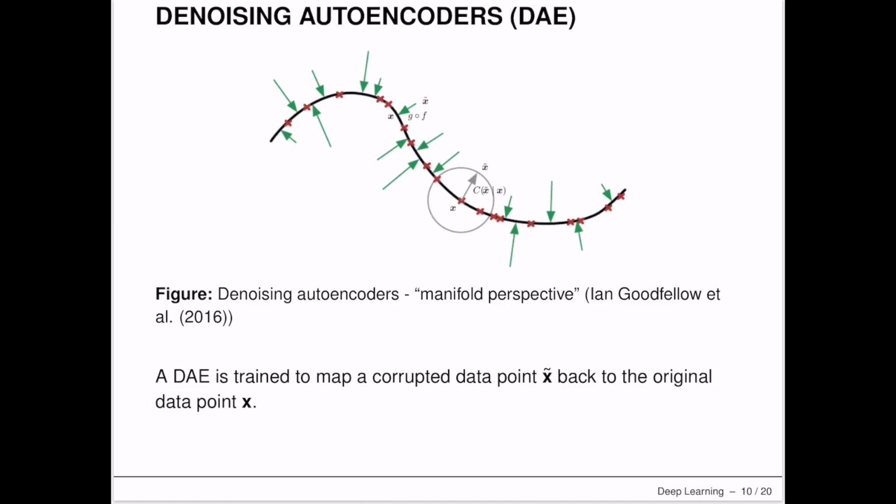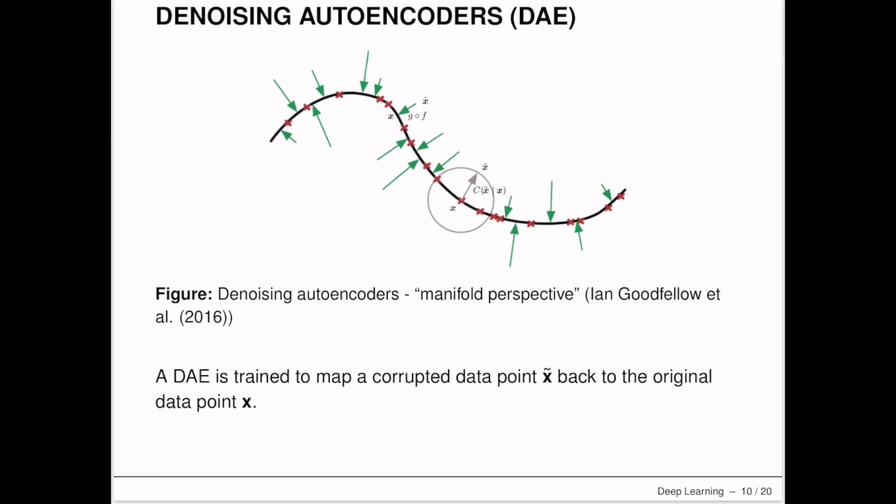And now the corruption process is shown by this gray circle. This is Gaussian noise with mean 0, which is centered on x. And now we add some Gaussian noise, maybe giving us our disturbed or corrupted sample x tilde here.